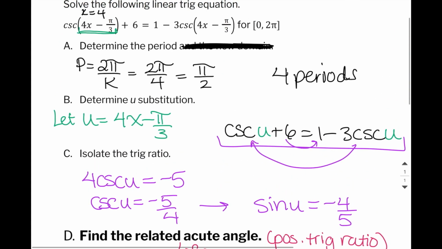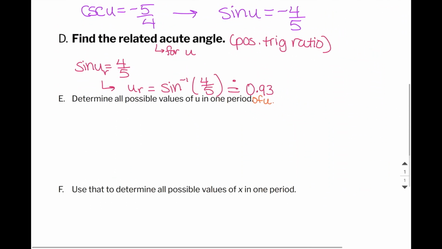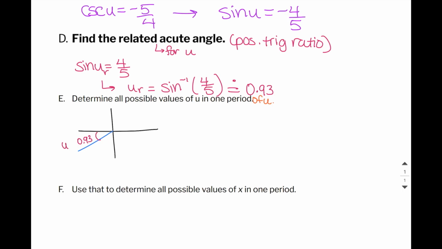We are not talking about this pi over 2 period, okay? And because sine is negative right here, we're looking at quadrants 3 and 4. In quadrant 3, we know that our related acute angle is 0.93, and in quadrant 4, our related acute angle is also 0.93.